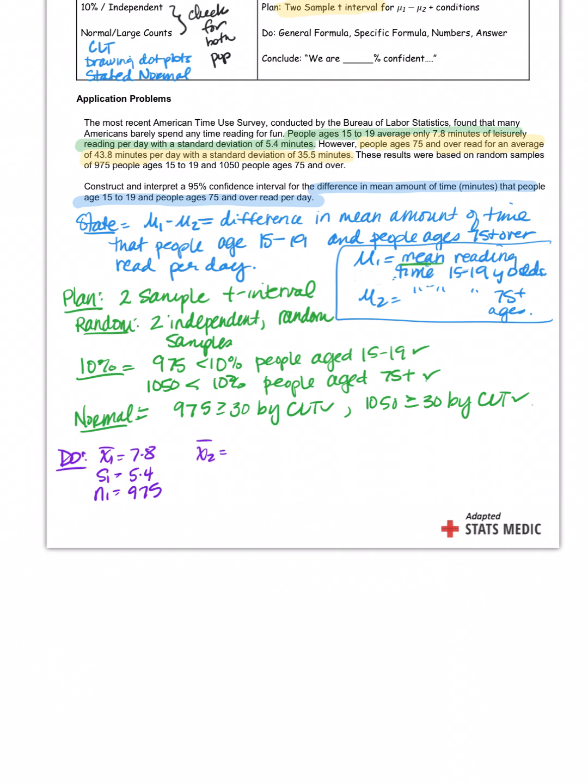X bar 2 was, what was it, 43.8 minutes. S2 and N2 was 1,050. And my confidence level is 0.95, right? So find this in your calculator. Stat test. We're looking for 2-sample t interval, so be careful. It's test 0.